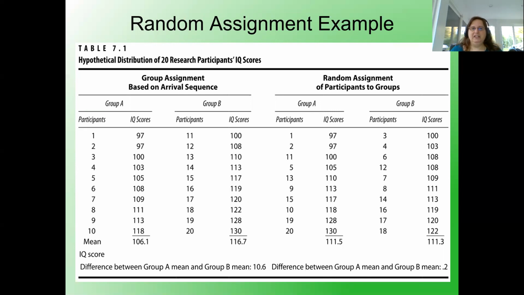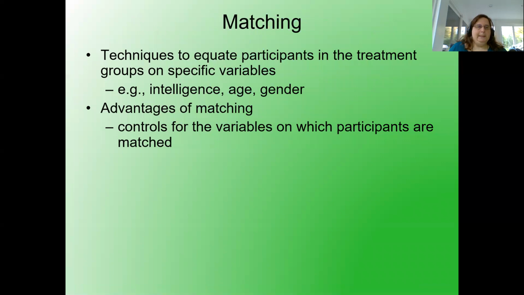Okay, all right. So random assignment, we like it. It helps get either our IV or other variables equal across our groups, equally distributed. Okay, let's talk about matching a little bit.